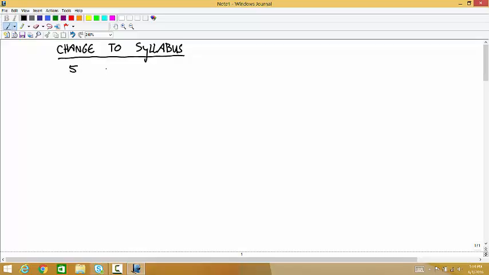So 5 cumulative exams, cumulative up to that point. These 5 are worth a total of 60% of your grade, so now each one is only worth 12%.